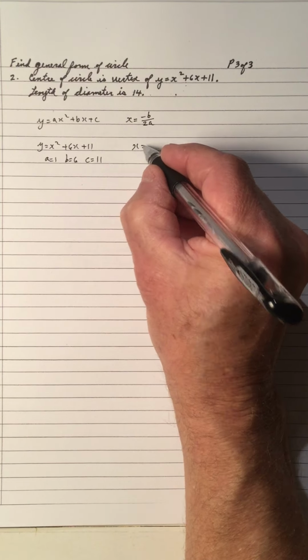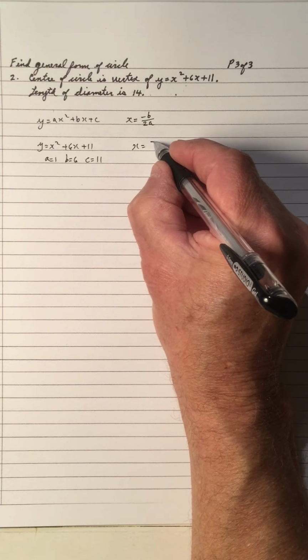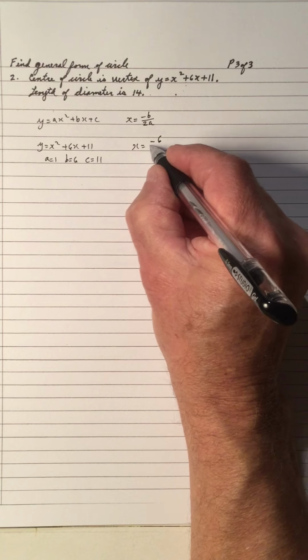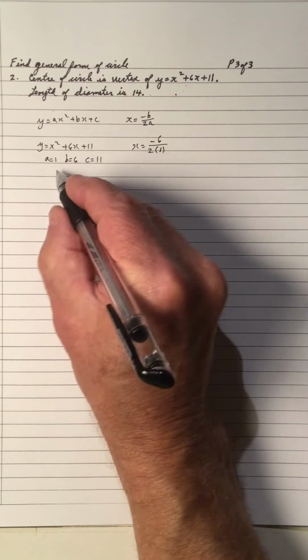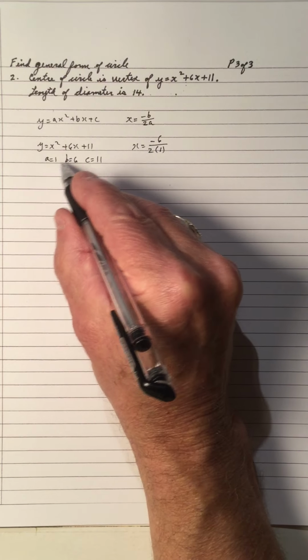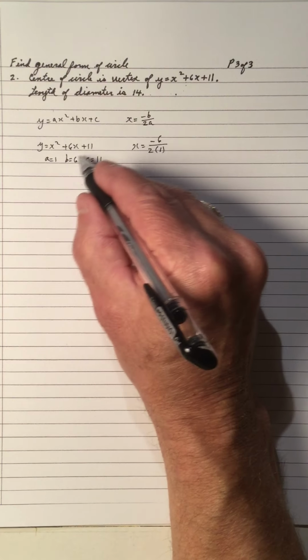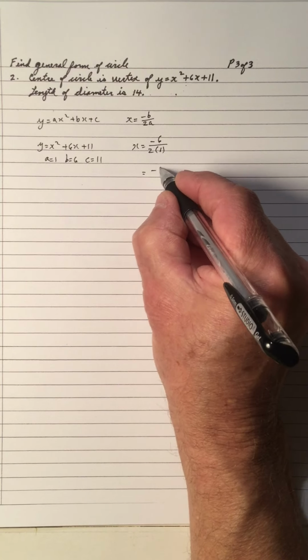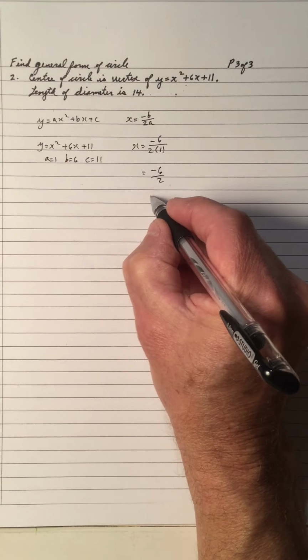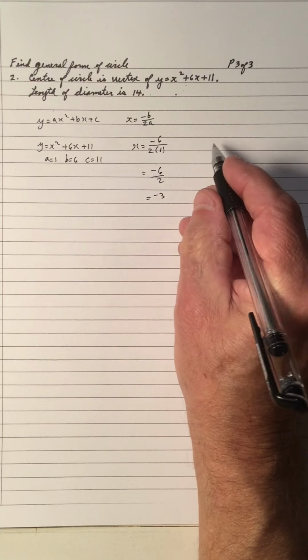So x equals negative b, which is the negative of the 6, all over 2 times a, which is 1. So I'm subbing these. B is 6, negative 6, and 2 times 1. So that gives us negative 6 over 2, which is negative 3.